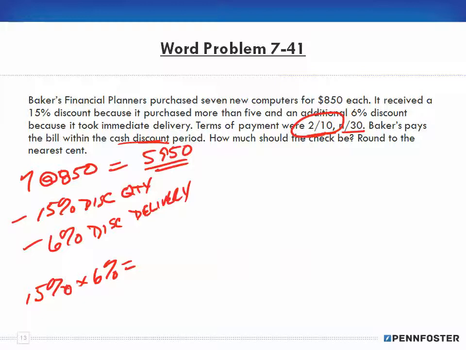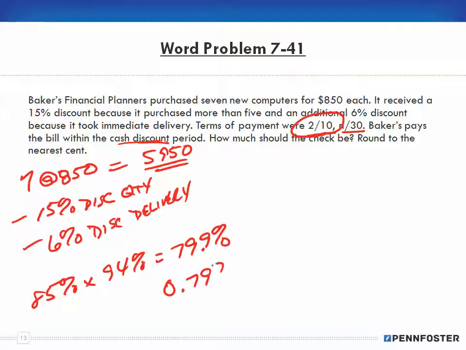All right, sorry, I take the opposite of that. 100 minus 15% is 85%, and 100 minus 6% is 94%. So if I multiply 85% times 94%, I end up with 79.9%, and in decimal form, that's 0.799. Right, so that's the percentage I'm going to use.